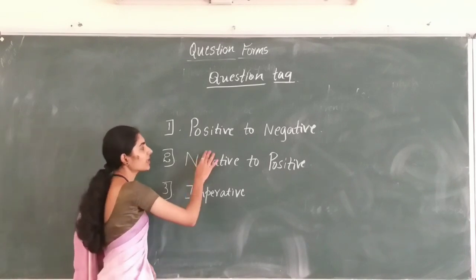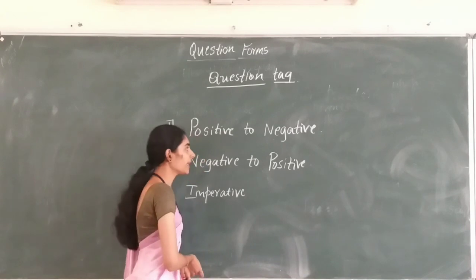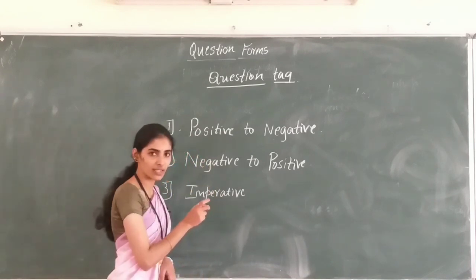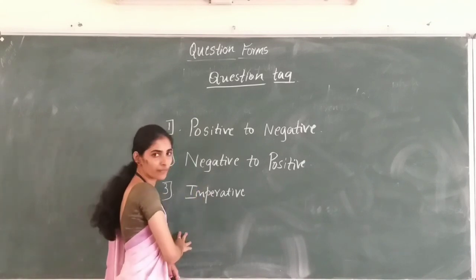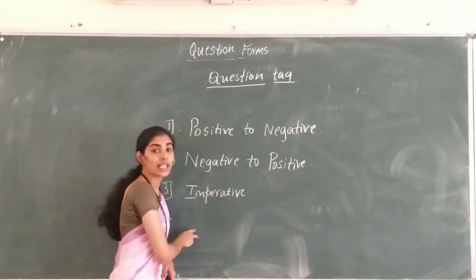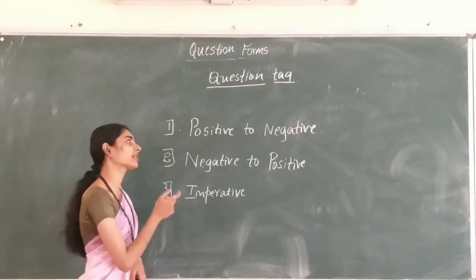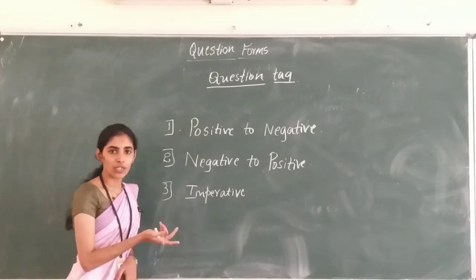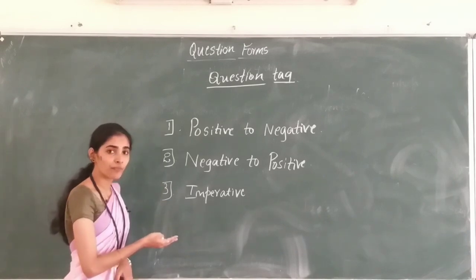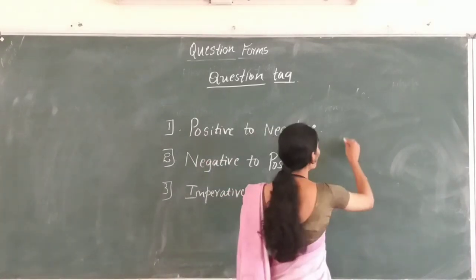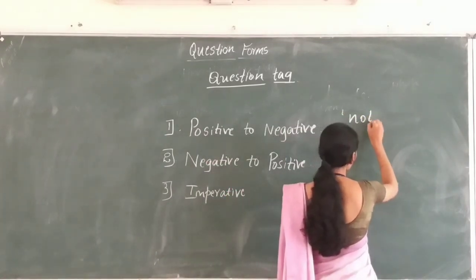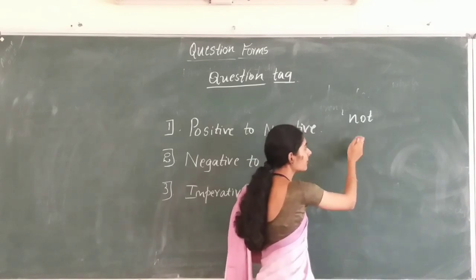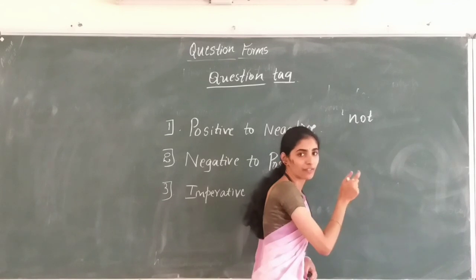So what do you mean by positive to negative? It means if the given sentence is positive, then the tag must be negative. So how do we identify whether the given sentence is positive or negative? What makes a sentence negative? If you find the word not in a sentence, it means the sentence is negative.